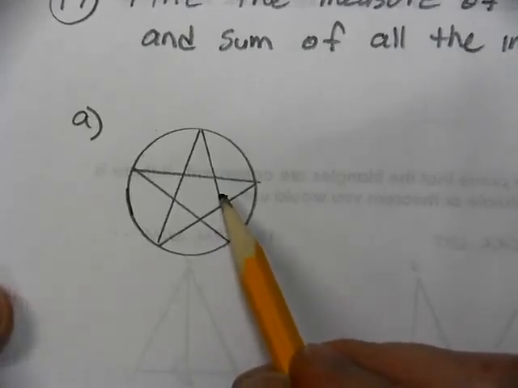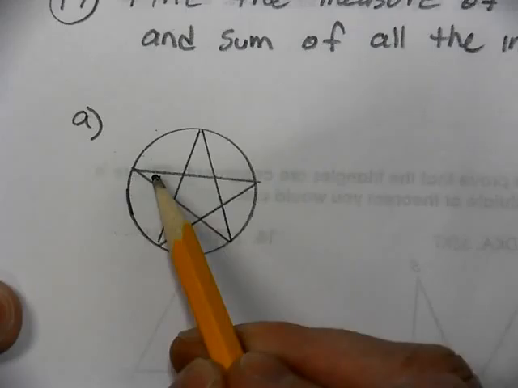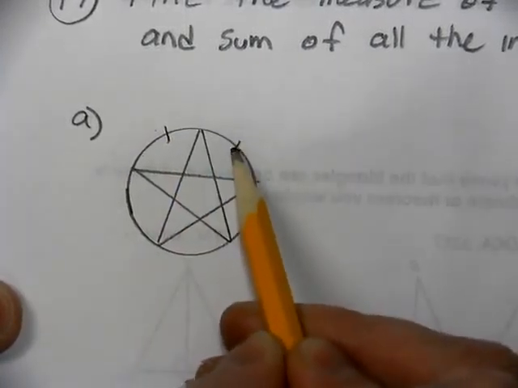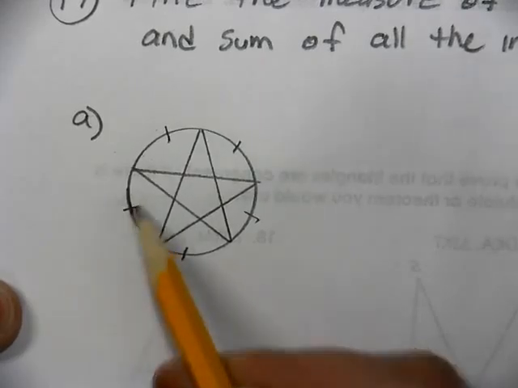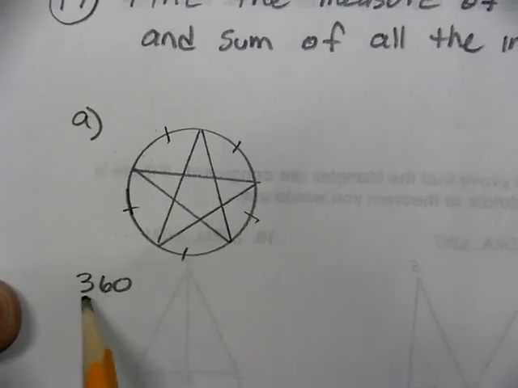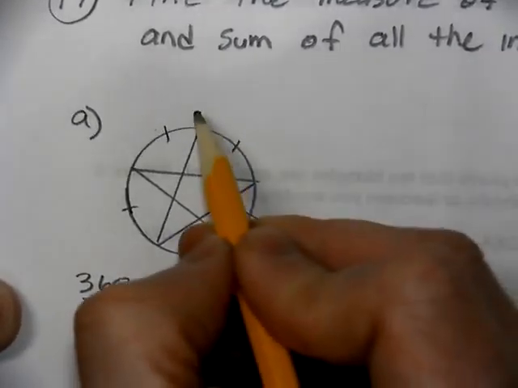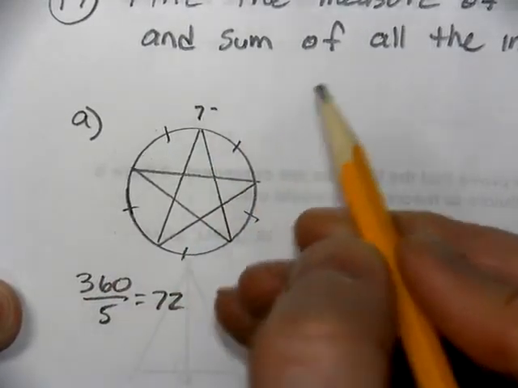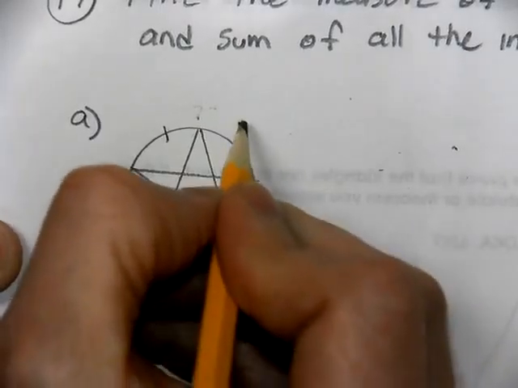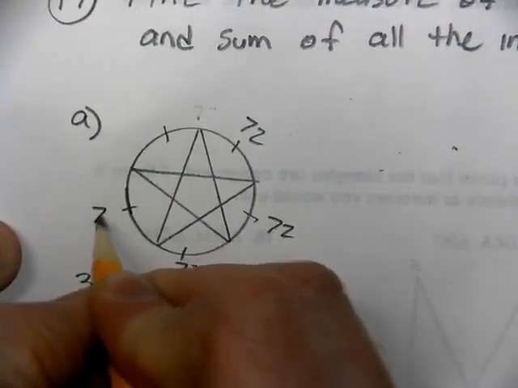Here we have a star inside of a circle, not quite drawn perfectly. Each angle is supposed to be the same measurement, which is going to make each of the arcs the same. So we take 360 and divide that by 5 equal arcs, which is 72. So each of these arcs is 72.